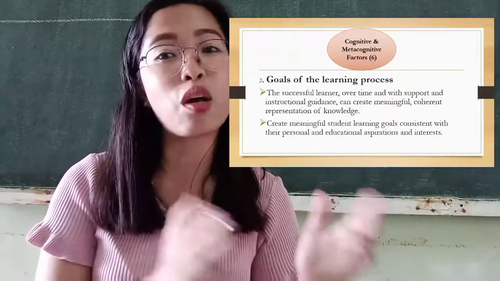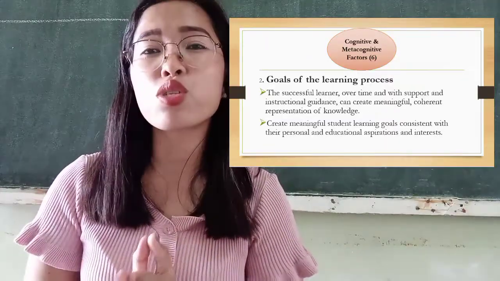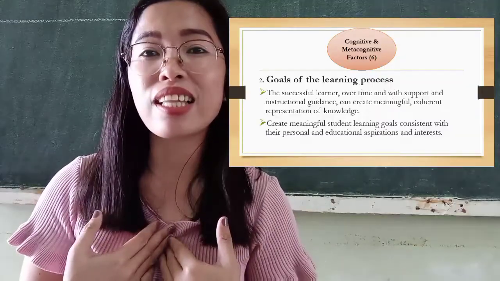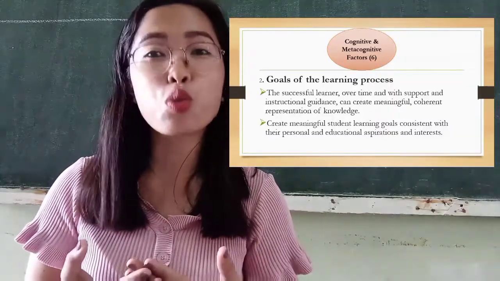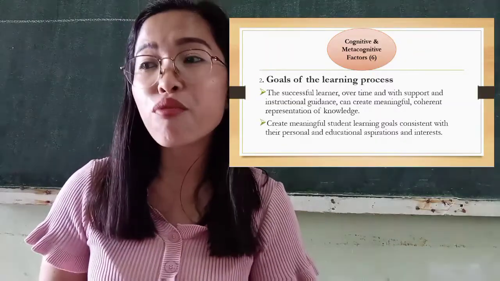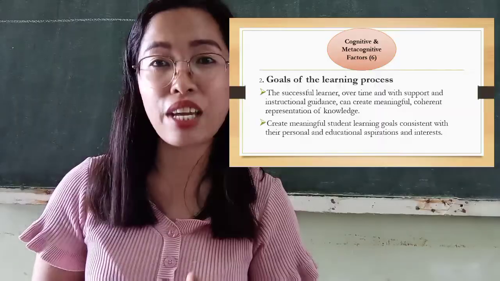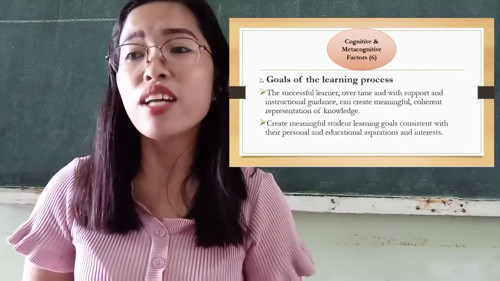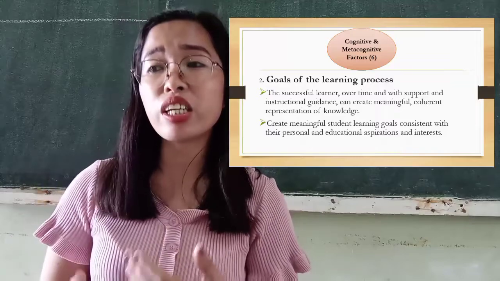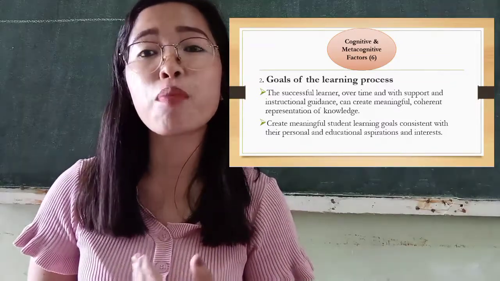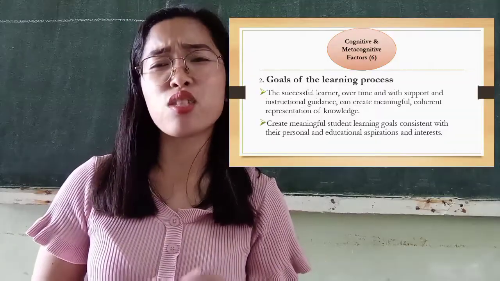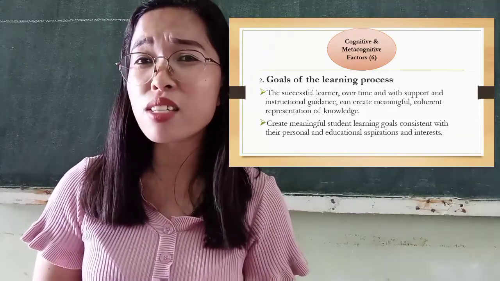So as I've said a while ago, as teachers, we are facilitators of learning. We are here to facilitate, guide, and support our students for them to create a meaningful and coherent representation of knowledge. Then, as teachers, we need to create meaningful student learning goals consistent with their personal and educational aspirations and interests. So we have different students.